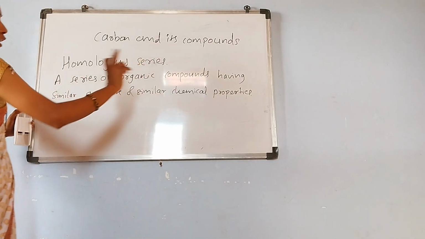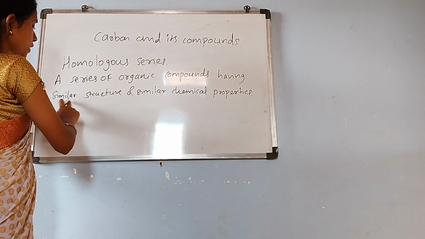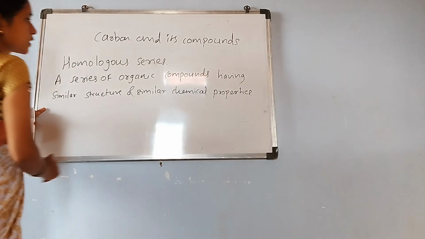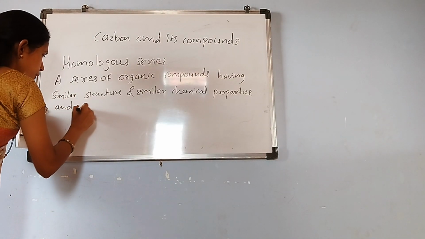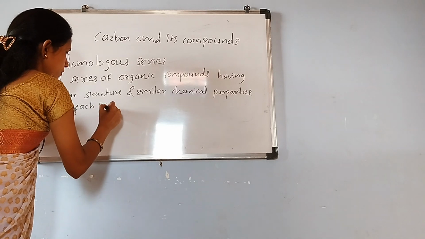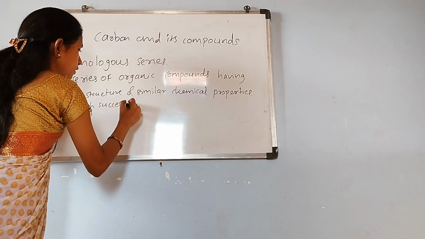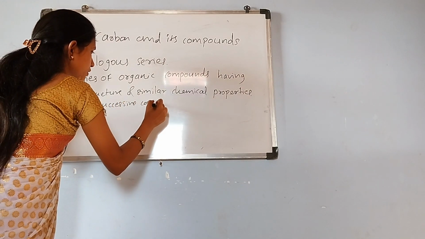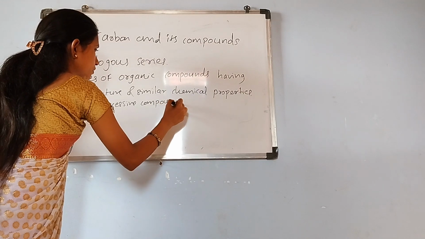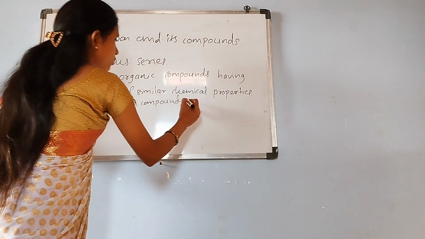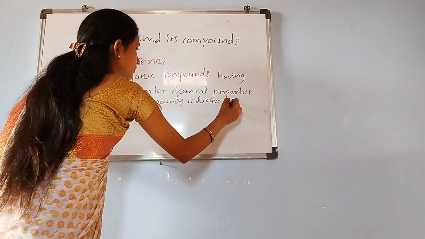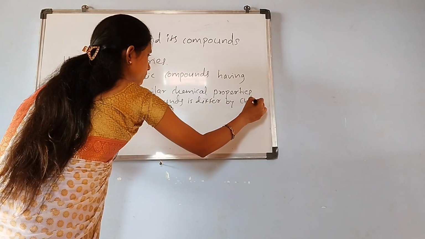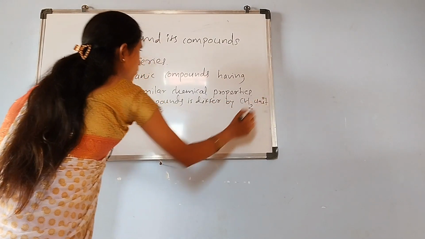A series of organic compounds having similar structure and similar chemical properties, and each successive compound differs by a CH2 unit. We call it a homologous series.